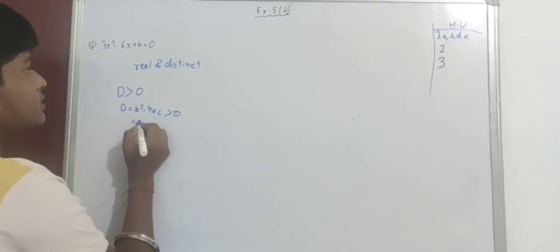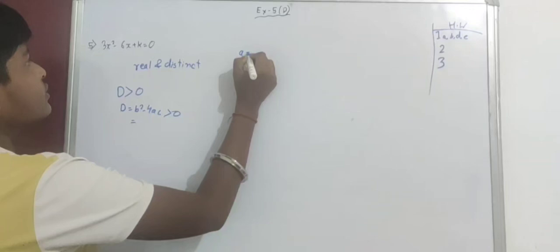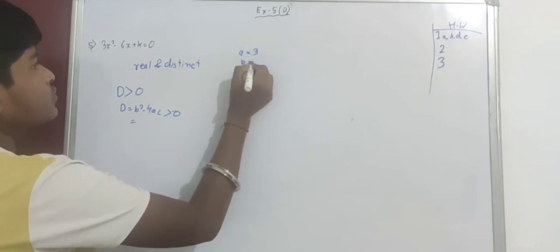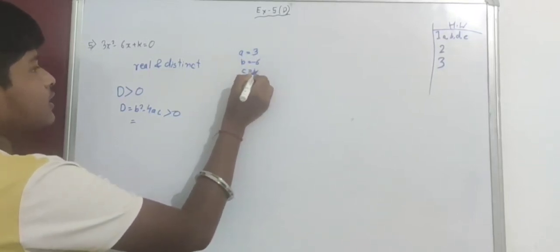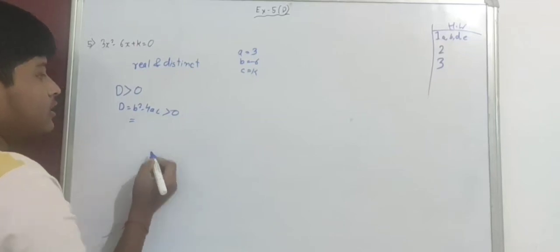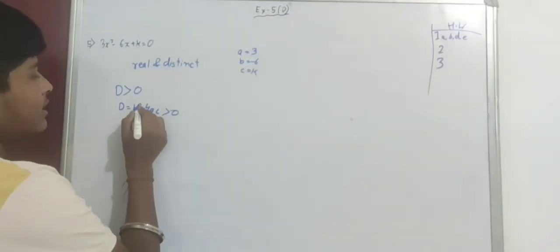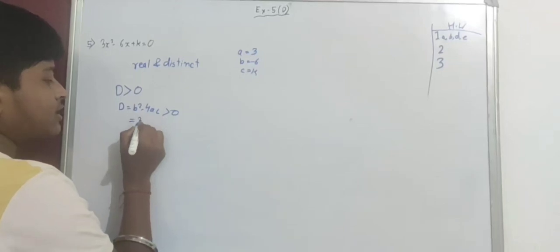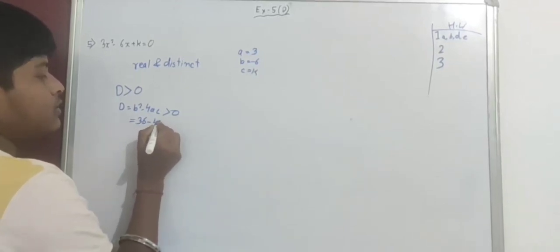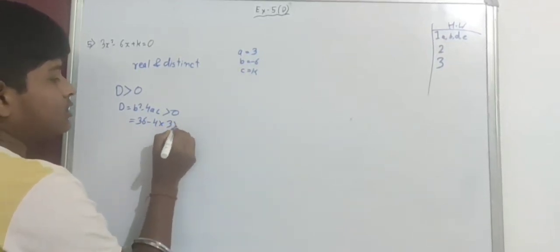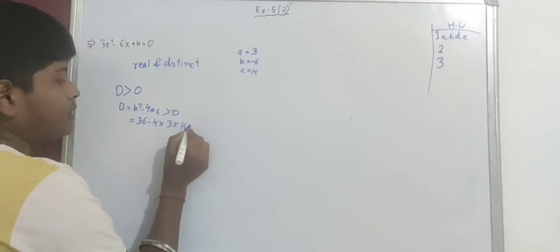Finding a is equal to 3, b is equal to minus 6 and c is equal to k. In this question we have to find the value of k. So b square is minus 6 square, that's 36, minus 4 into a, which is 3, into c, which is k, greater than 0.